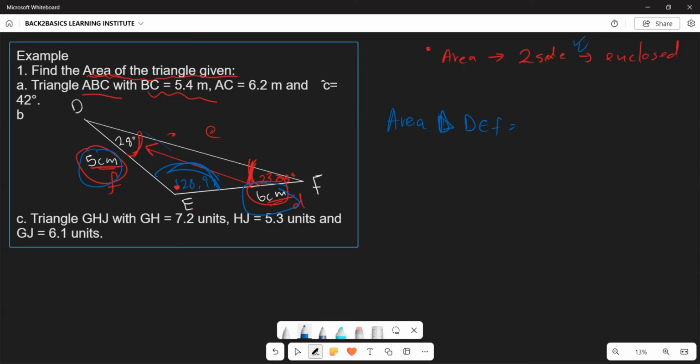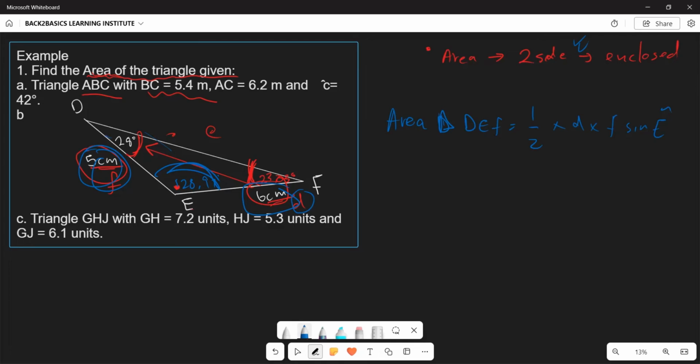Now, what is going to be the formula? It is going to be half this side, which is side D, multiplied by the side here, which is side F, multiplied by sine of your angle E, because that's what you have, right?